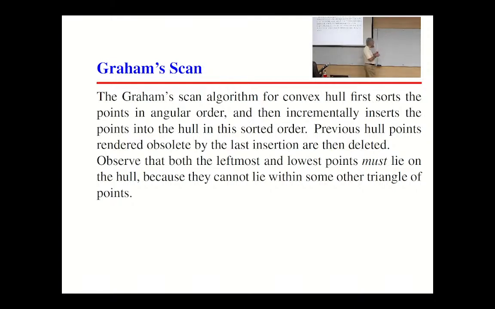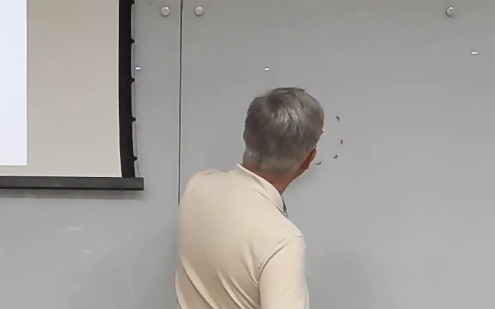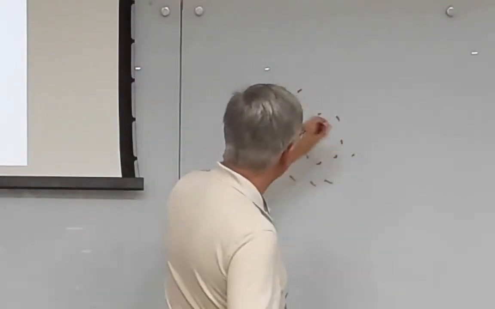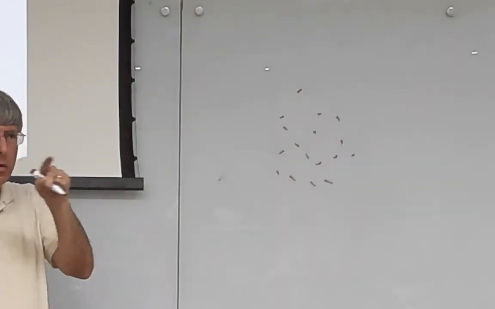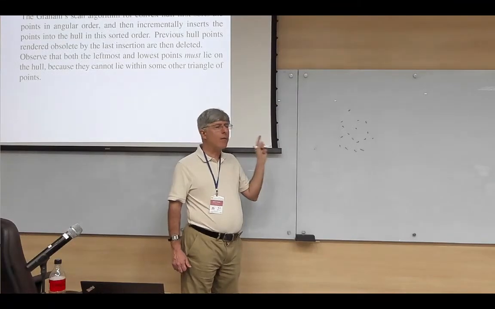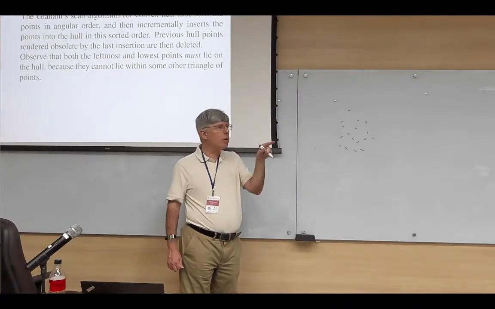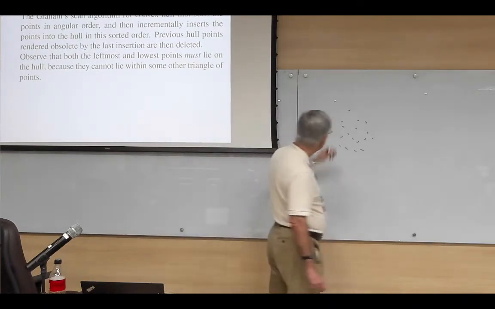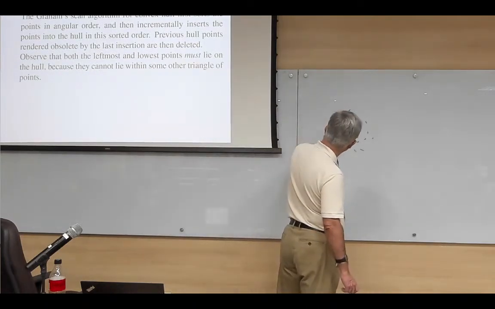Suppose I give you a bunch of points. What points do we know have to be on the outside of the smallest convex polygon? If I quickly said, find me a point that was on there, which points have to be on there? The leftmost point, which in this case happens to be this one.